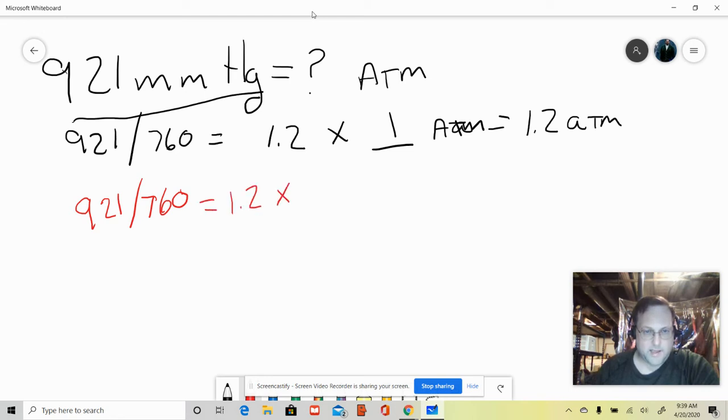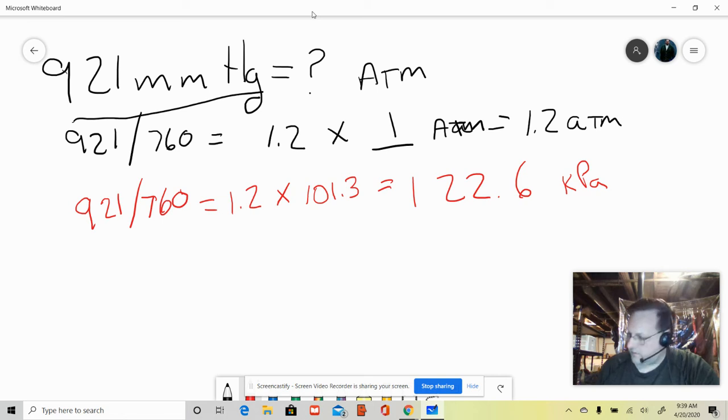And I would multiply that by how many kilopascals are there in one atmosphere, or how many kilopascals is equal to 760 millimeters of mercury? It's 101.3. Does that make sense? So that means I now have 122.6 kPa.